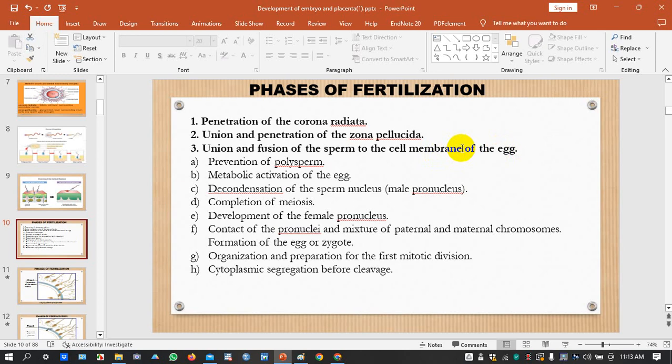Then it will go and fuse with the pronucleus of the female. What a long journey. Men are always suffering. So after entering, there is prevention of additional sperms from entering, that is, prevention of polyspermy. Then metabolic activation of the egg. The egg now has a lot of mitochondria and the rest, so it will now cook food.